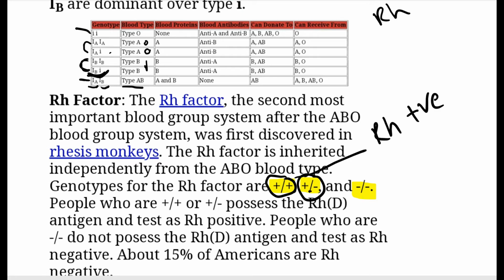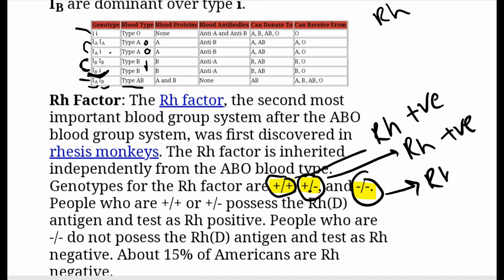Also, if you have this one, RH is positive. If you have this one, your RH is negative. So these are genotypes. The way it's written here, it shows as a minus. So one minus from a father, one minus from a mother. A plus from a father, a plus from a mother, a plus from a father, and a plus from a mother. So these are genotypes.